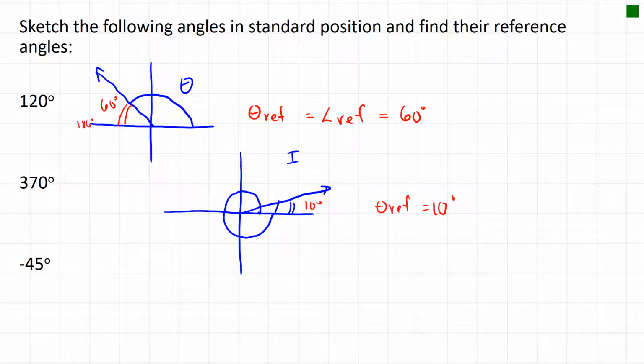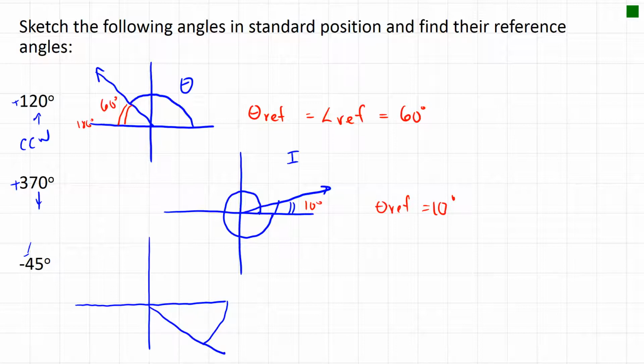All right, now let's take a look at another way of expressing angles. Here we've got a negative angle. So these ones were positive, notice, and we were going counterclockwise. So this is an indication of the direction. These ones were counterclockwise, and this one is going to be clockwise. So we're going to go down this way to 45 degrees.